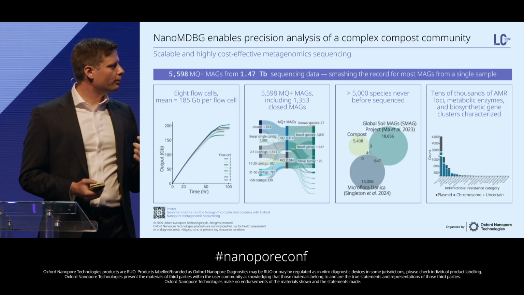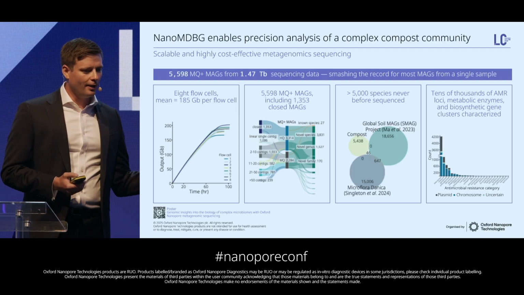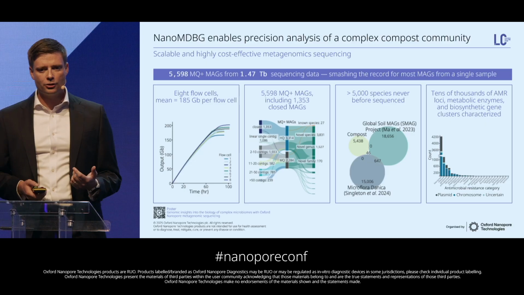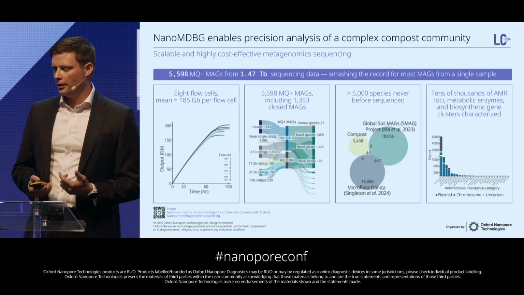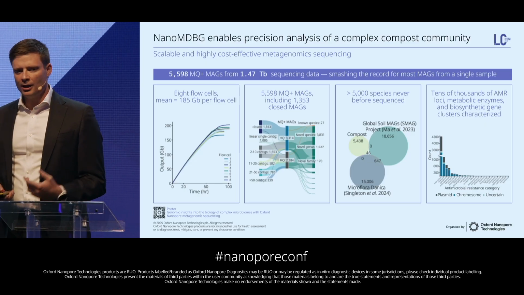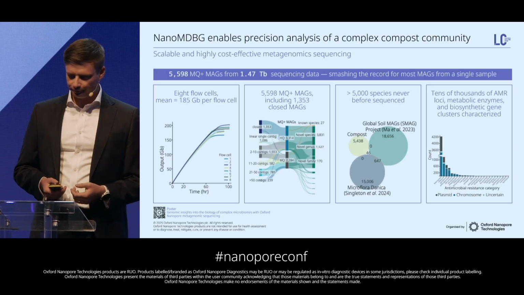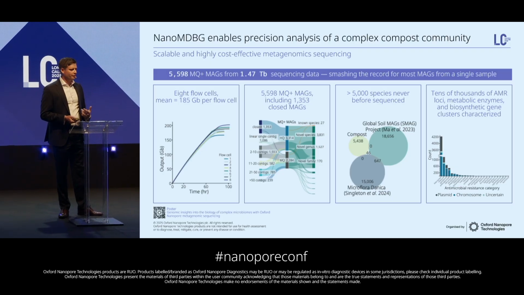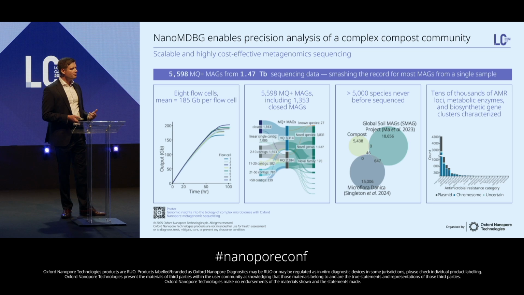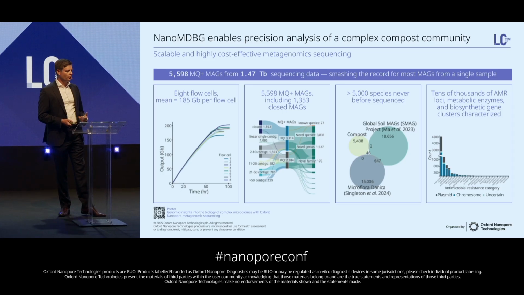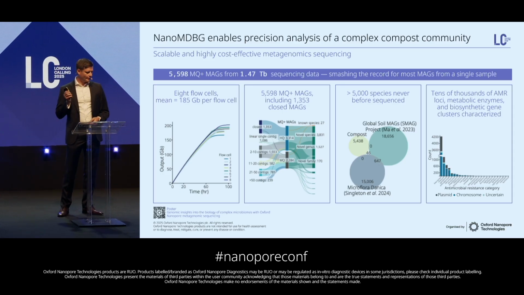From this, we were able to identify and characterize tens of thousands of antimicrobial resistance genes, biosynthetic gene clusters, and metabolic enzymes, providing rich information about the biology of this sample. All of this data will be released shortly, but you can find more information about it on our apps poster, out in the hallway, or online via the QR code on this slide.